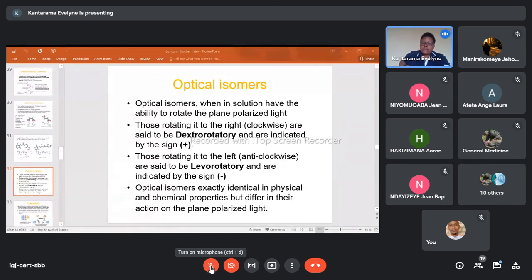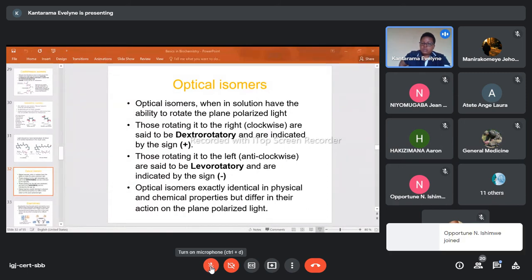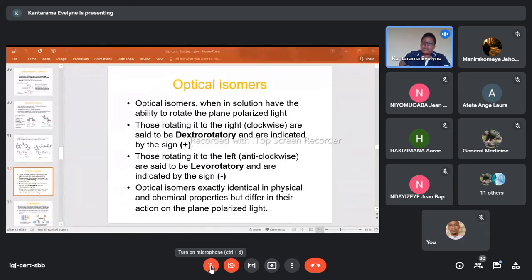In short, we have a solution with those chemical substances, and the light passes through the solution. When you look on the detector, you see the light is turned to the left or to the right. In that case, you will know this substance has optical activity, and this optical activity turns the light either to the left side or the right.